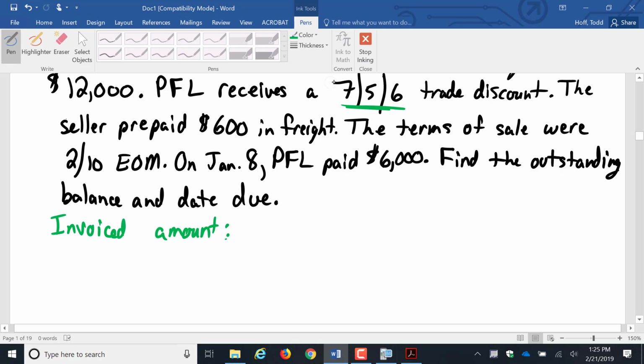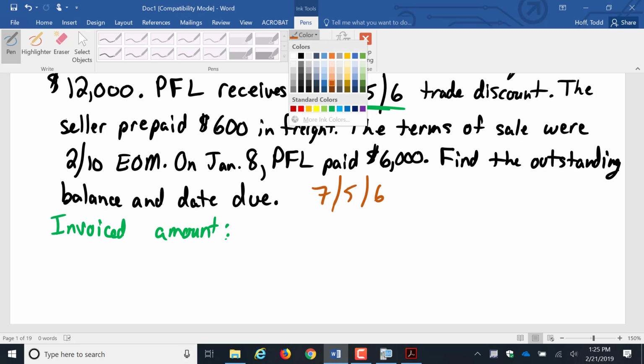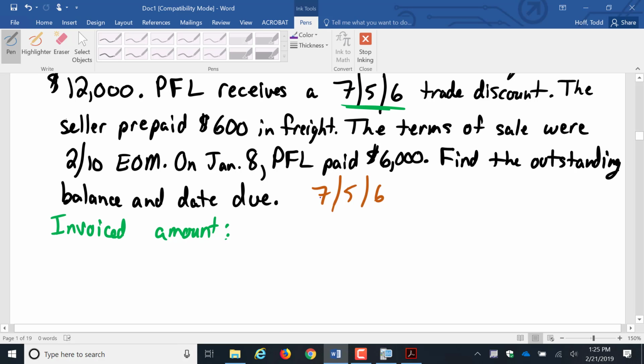So the first thing we want to do is take that 7/5/6 discount and find the net decimal equivalent. To do that, we're going to find the complements. 100 minus 7 is 93, that's 0.93. 100 minus 5 is 95, that's 0.95. 100 minus 6 is 94, that's 0.94. So we're going to multiply those all together.